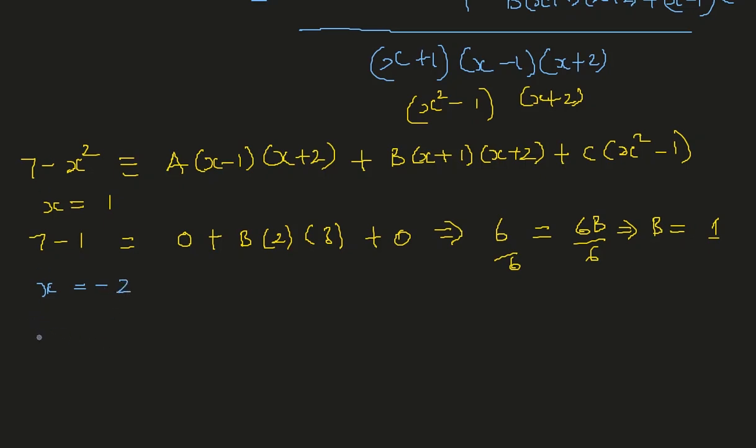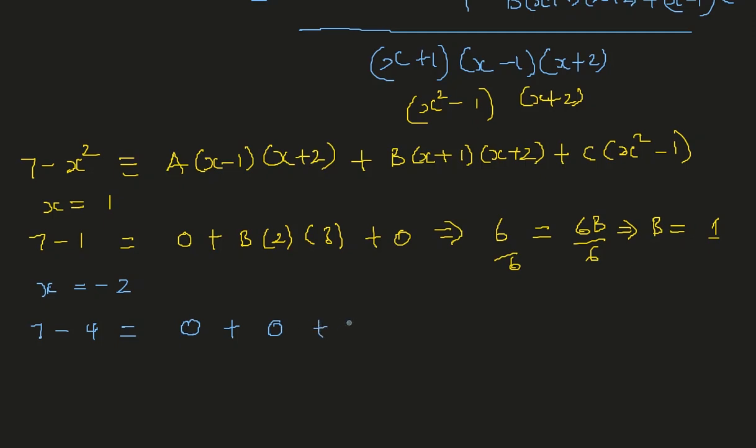On the left hand side, I'll have 7 minus, this will be a 4, that is -2 squared, which is equal to, if our x is -2, when we put -2 here, -2 plus 2, it is a 0, so we expect this to disappear. We shall end up with a 0 there, plus let's check here, we also have x plus 2, when we put here -2, it will also be a 0, so it means also b disappears.